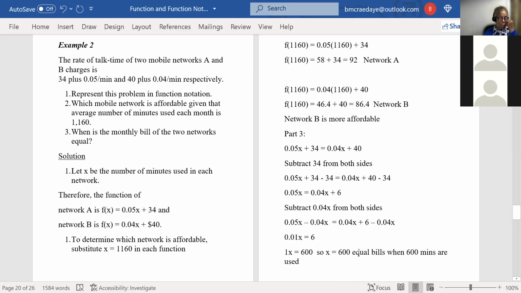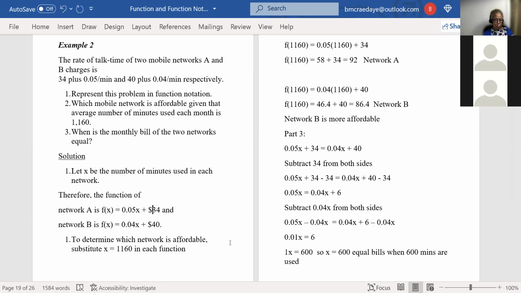Now you can check it. You can go back up here and put the 600 in for the x and 600 here for the x, and you'll get the same thing. Plug in the 600 here, multiply by 0.05, add the 34, plug in the 600 here, multiply by 0.04 and add 40. Tell me what you get, Latoya, when you do that.